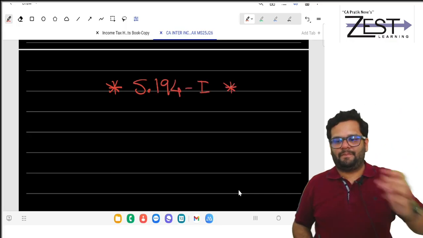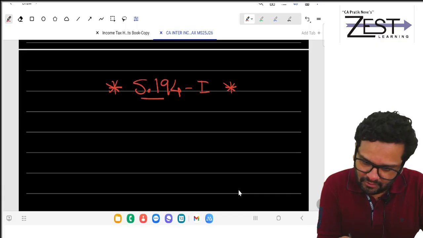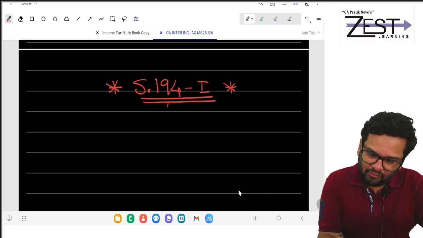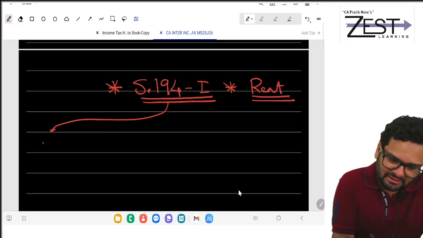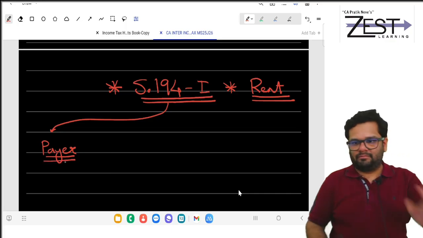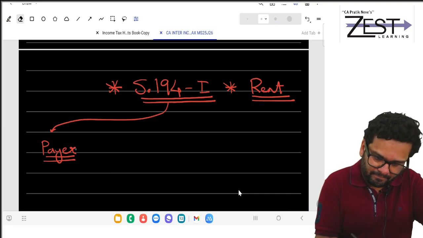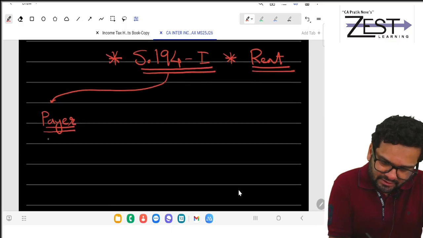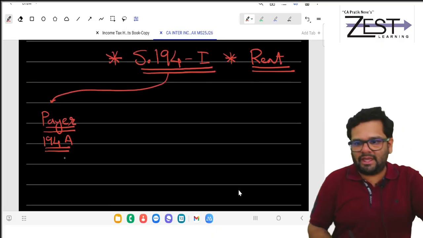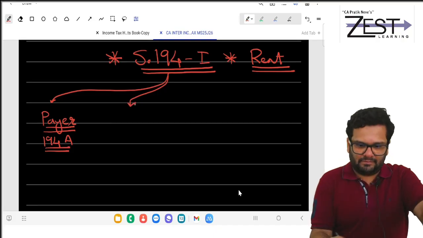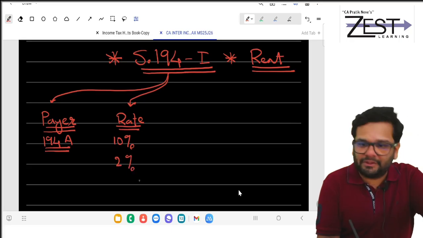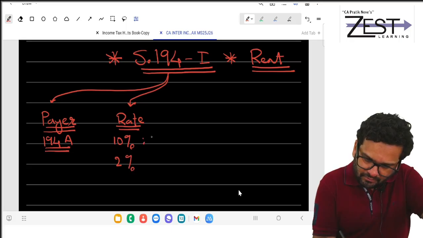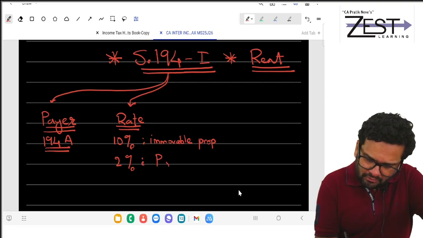194I, TDS on rent. Payer: same as 194A. Rate: 10% and 2%. 10% for immovable property, 2% for plant and machine.